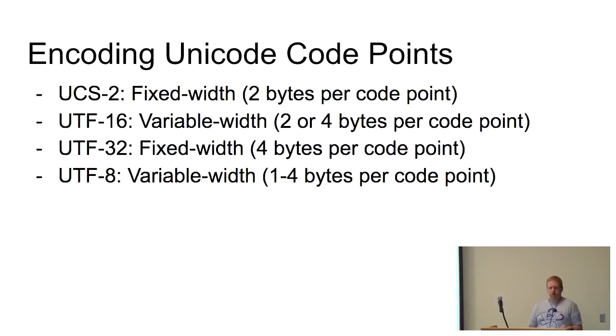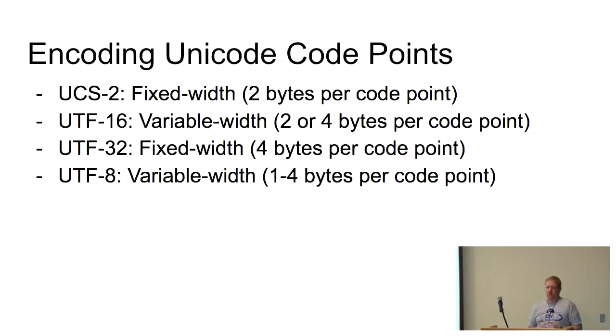UCS-2 is obsolete and you shouldn't use it. Basically, it maps the first 64,000 Unicode characters to a 2-byte value. UTF-16 uses something called surrogate pairs to represent all of the Unicode characters.